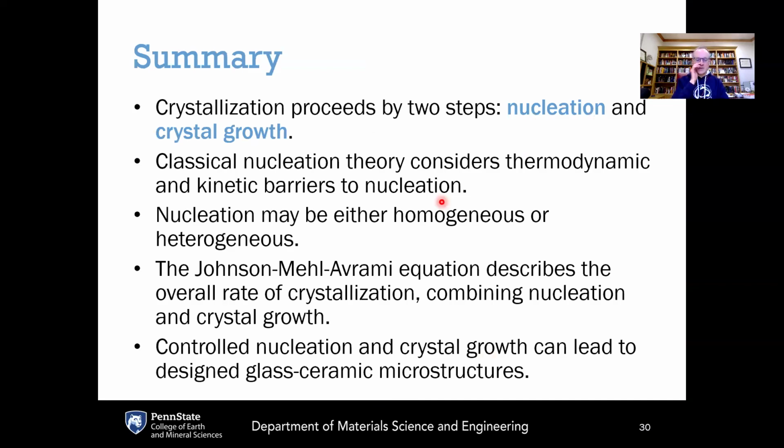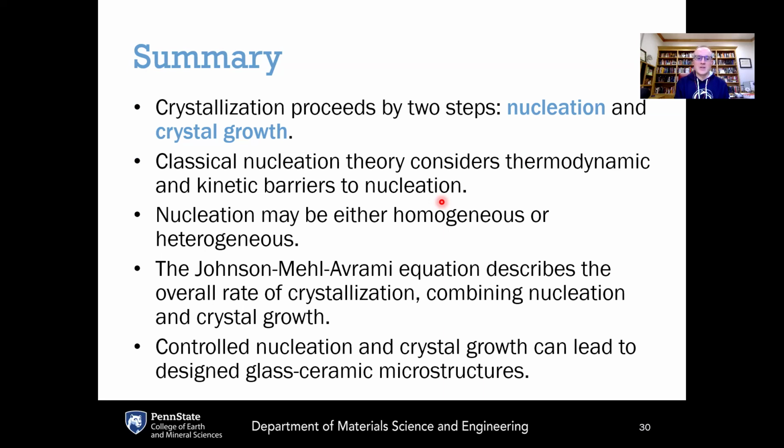So to summarize, crystallization proceeds by two steps. First, nucleation, and then crystal growth. With classical nucleation theory, we are assuming that the nucleus is spherical, and we are considering two barriers to nucleation, a thermodynamic barrier and a kinetic barrier.